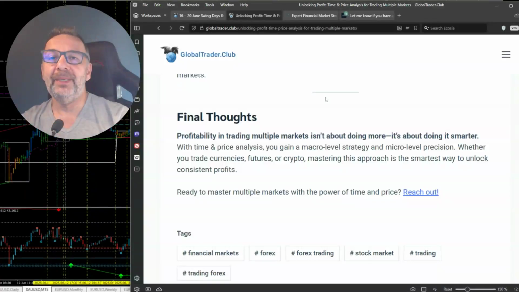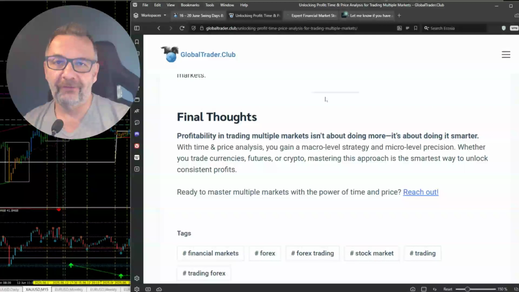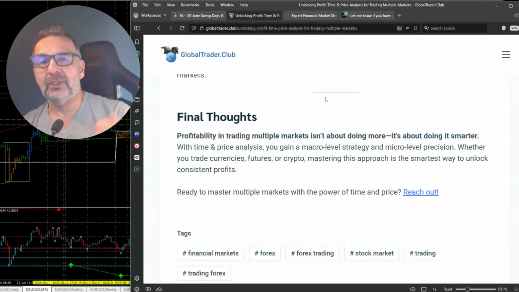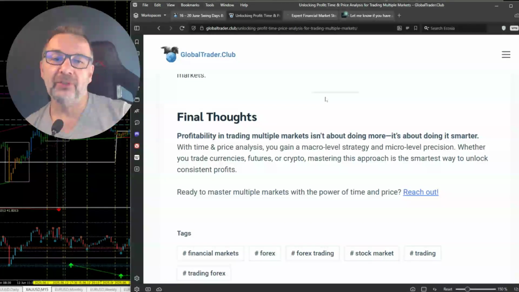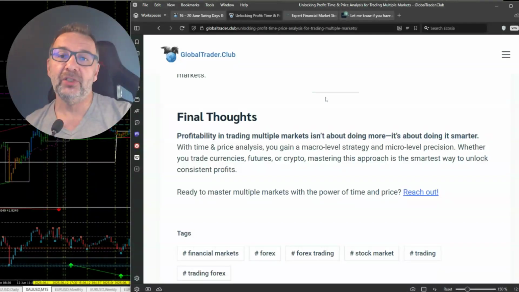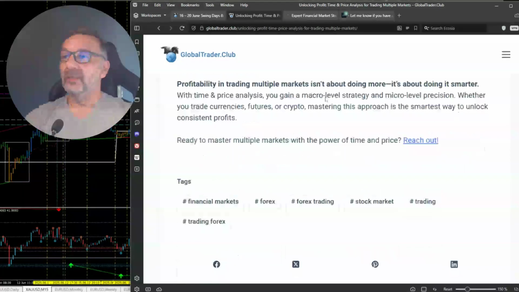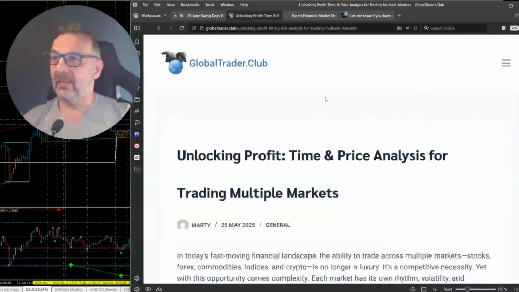And if you don't have a big account, and if you don't have the nerves, it's just not going to pan out for you, and this is why a lot of traders fail. But if you've got time and price correlated together, you can get in and get out faster with minimum risk, and you can definitely increase your account. So this is really a way to do things smarter, because you know when to trade, at what price to trade.